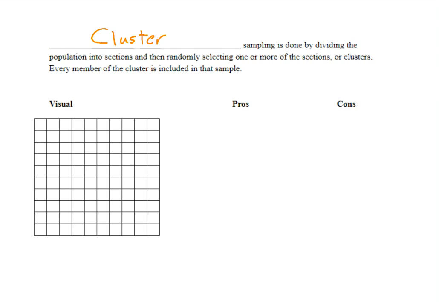So it's almost like taking these and saying, okay, I'm going to break them into, let's say, 5 groups, and I'm going to randomly pick these people and these people, or whatever you're talking about. So you break them into clusters, and then you randomly pick clusters, everyone in that cluster. So it's convenient and practical.